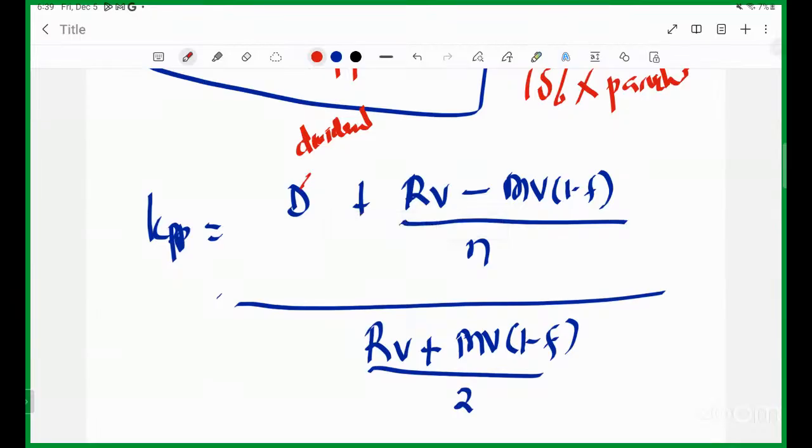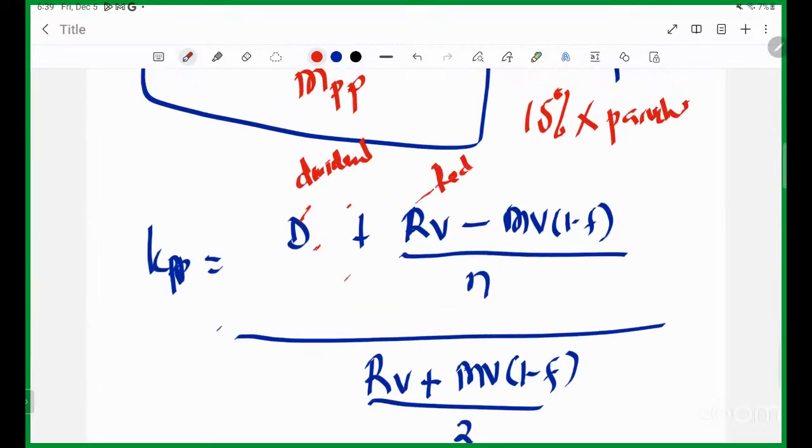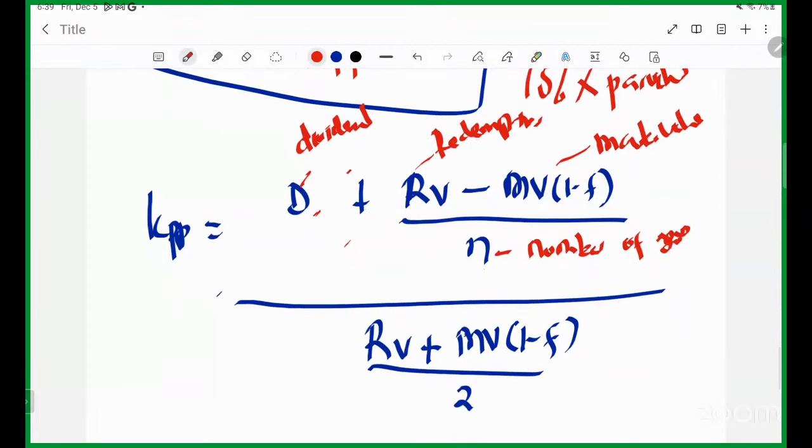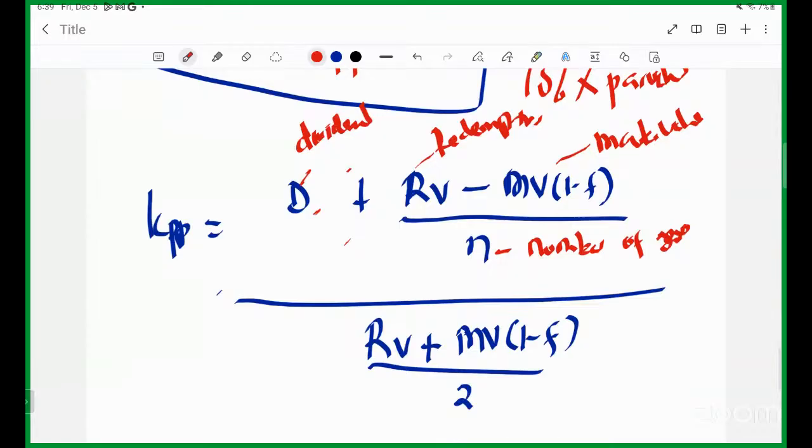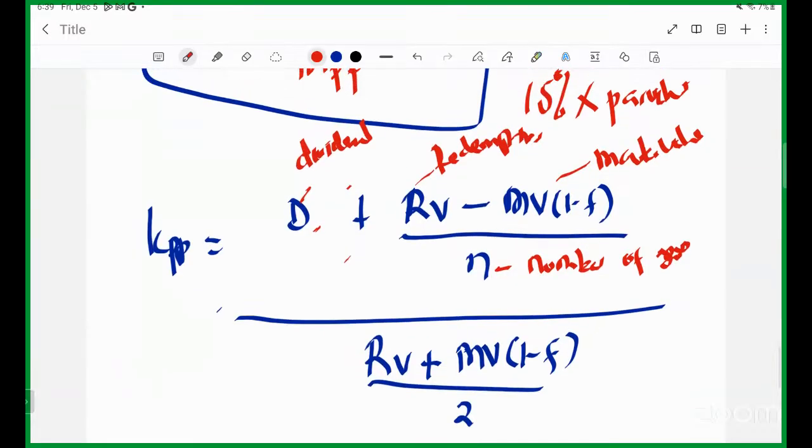Because it's dividend plus redemption value, you will have this redemption value. Redemption value is this amount, they say redeem at par, so you use the par. This is the market value. These are the number of years. So what is the problem there? You just feed in the figures. The 1 minus f is when you have flotation costs. But if you don't have flotation costs, don't put it there. And you get the cost of preference.